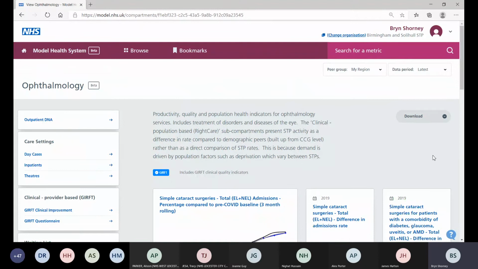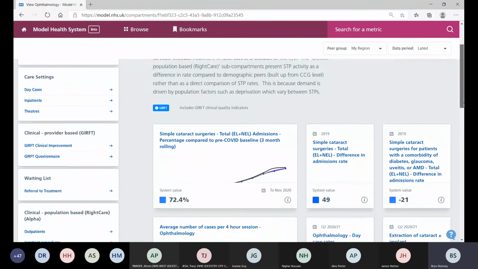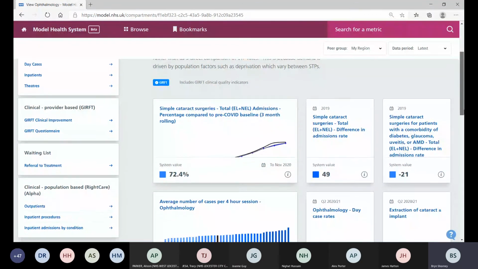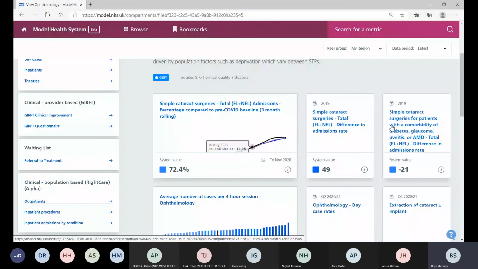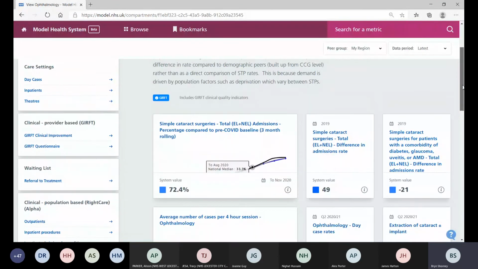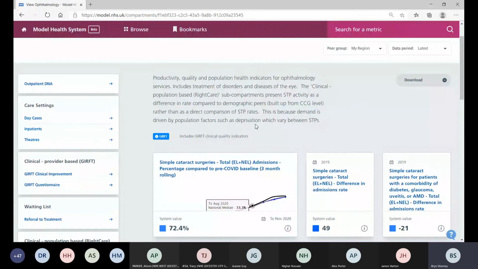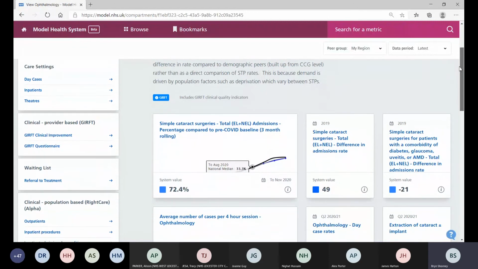So this is a newly merged compartment. We've got the Rightcare data and the GIRFT data within the same compartment, and these headline indicator tiles are a combination of the Rightcare and the GIRFT metrics and the standard day case inpatient theatres metrics that I went through at the start.